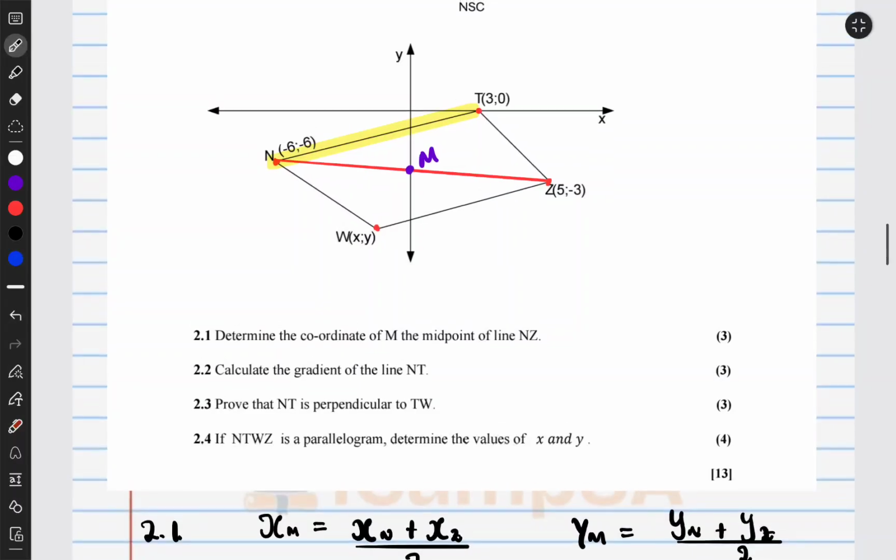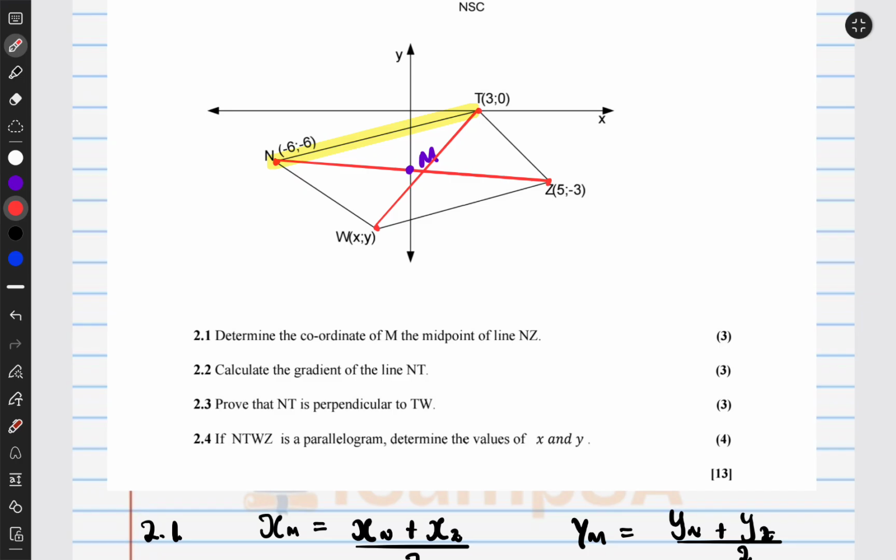Okay, and then from there we're asked to prove that NT, that line that I've highlighted there, is perpendicular to TW. Here, they actually made a mistake. There is no way that TW is perpendicular to NT, because we have to use the gradients, since the product of the gradients is equal to -1 if two lines are perpendicular.